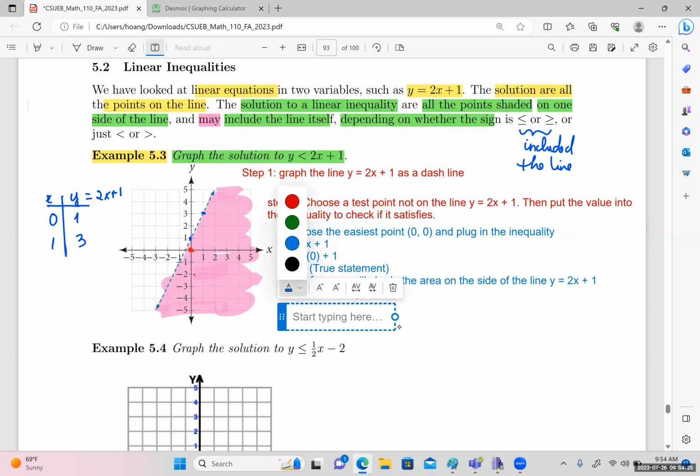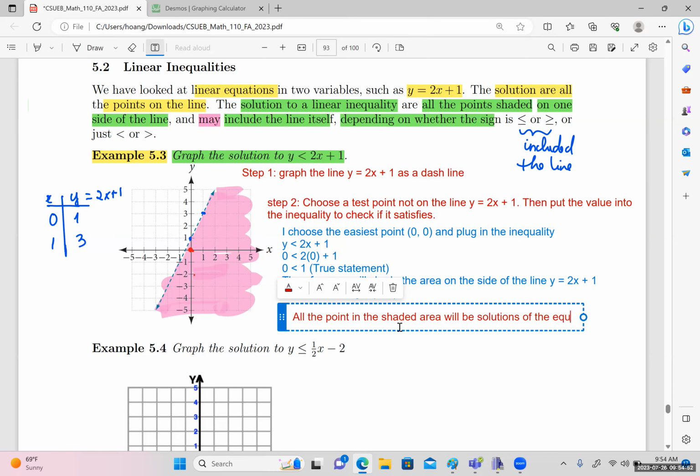So I will say all the points in the shaded area will be the solution of the inequality.